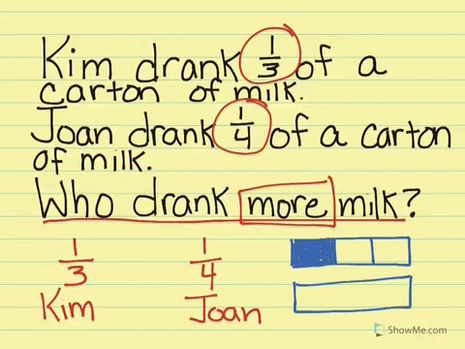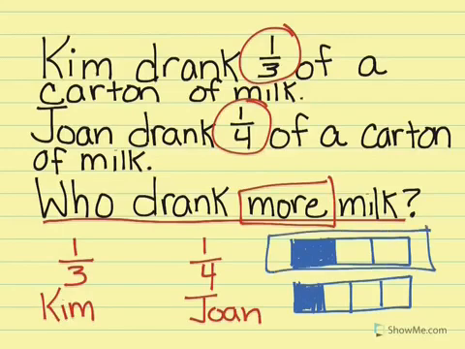And Joan drank 1/4. So I'm going to split it into 4 equal parts and shade 1/4. Well, who drank more? Obviously Kim, because 1/3 is going to be greater than 1/4.